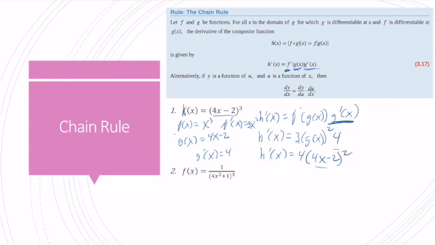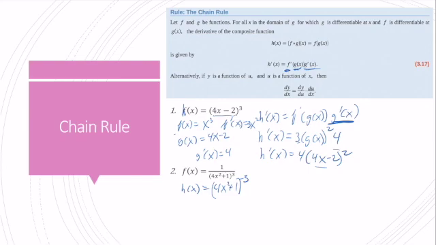All right, let's take a look at this next example. So I need to rewrite this, right? This is really h of x, and I want to rewrite this not as a fraction. So this would be 4x squared plus 1 to the negative 3.